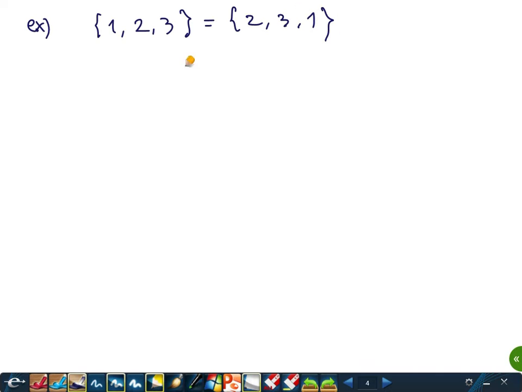They have exactly the same elements. 1 is there, 2 is there, 3 is there. You don't care about the order. And also {1, 1, 2, 2, 3} is considered to be the same set because we don't want to consider how many ones there are. If there is one there, then it's okay. If there is 2, you don't count how many 2s there are. Just 2 is there, so they are the same.